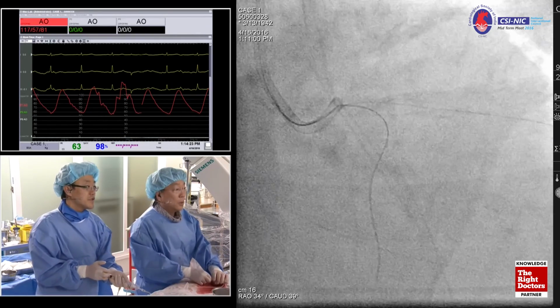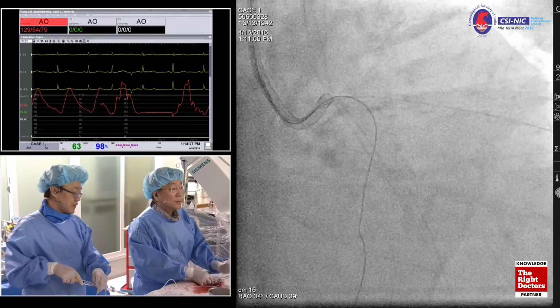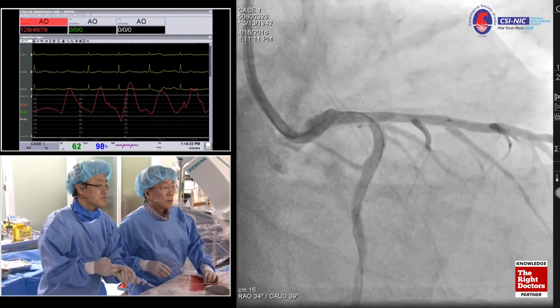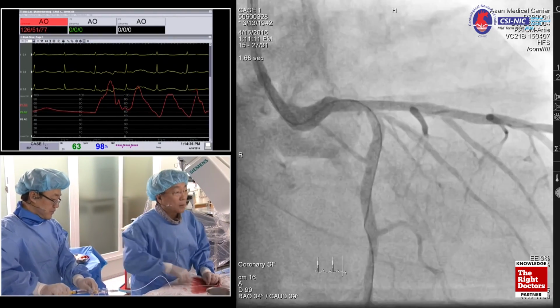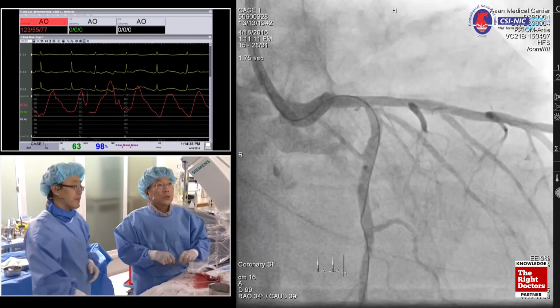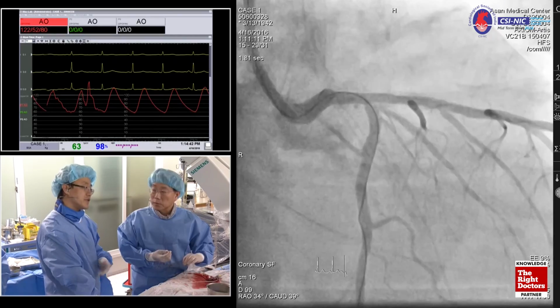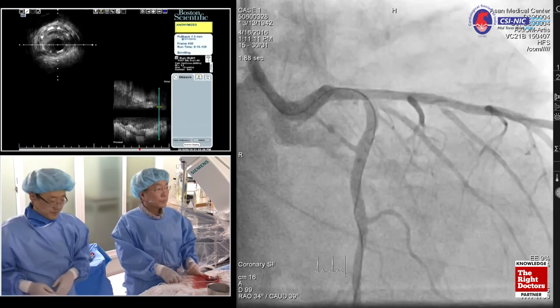Okay, that would be it. The wires, the circumference, okay. All right, it got smoother than we expected. And so, would you measure the distal part of the LAD? 3.5 non-compliant? What do you think? Yeah, 3.5 non-compliant, 15.